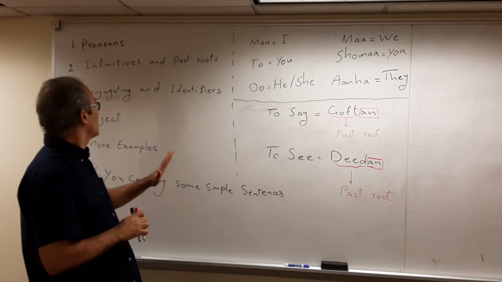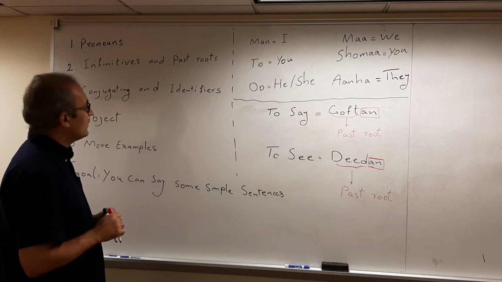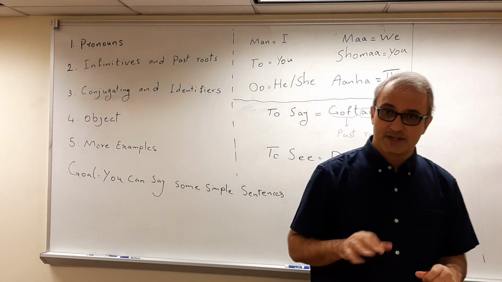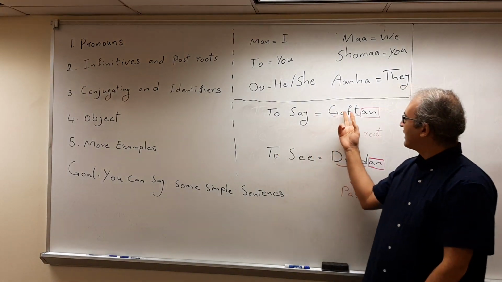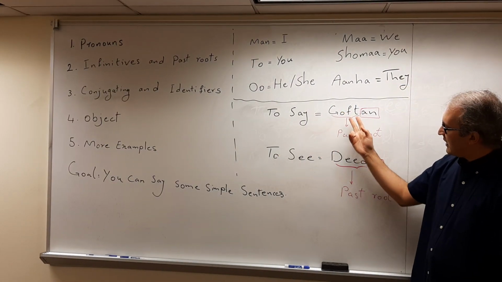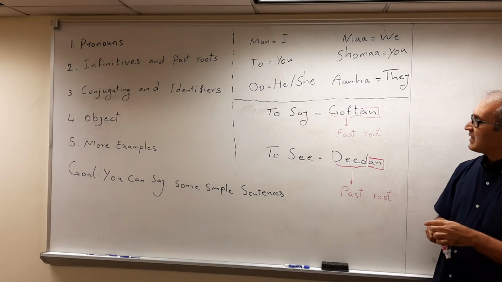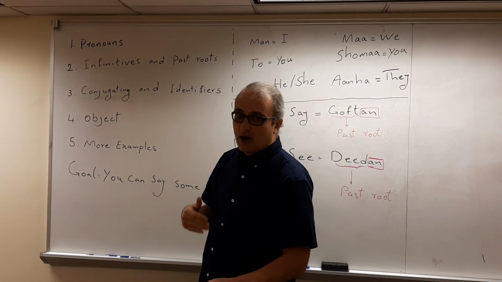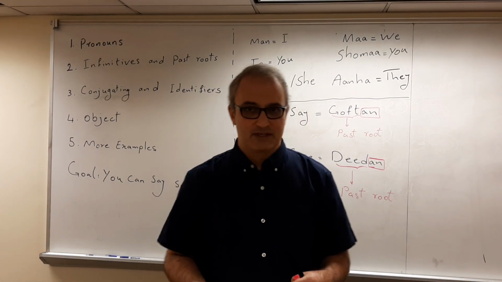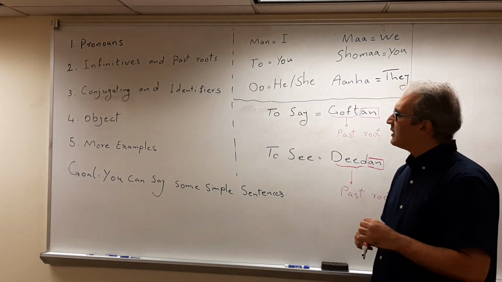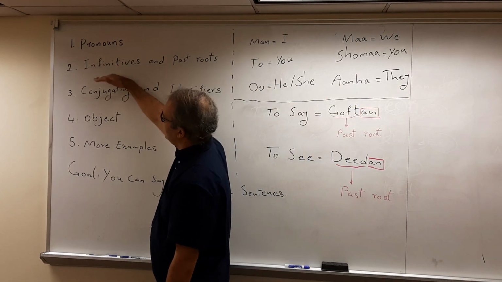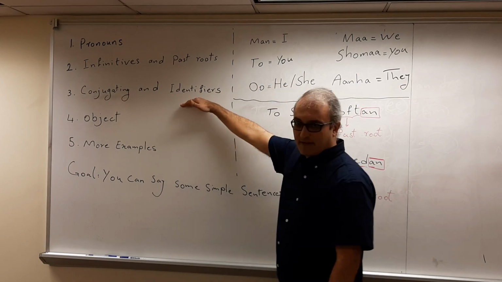So, for conjugating and identifiers in Farsi, we will use the past root of these two examples. And after that, we can conjugate the other verbs, the other infinitives in Farsi. Now I'm here at conjugating and identifiers.